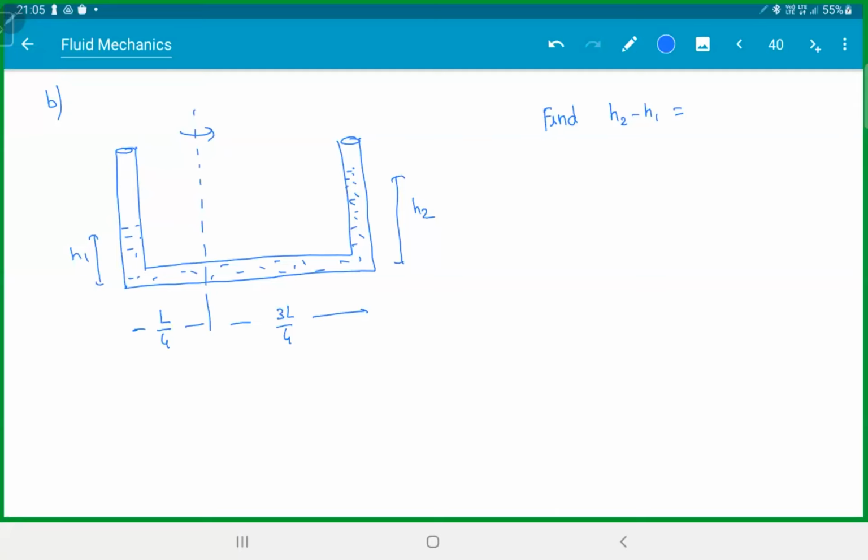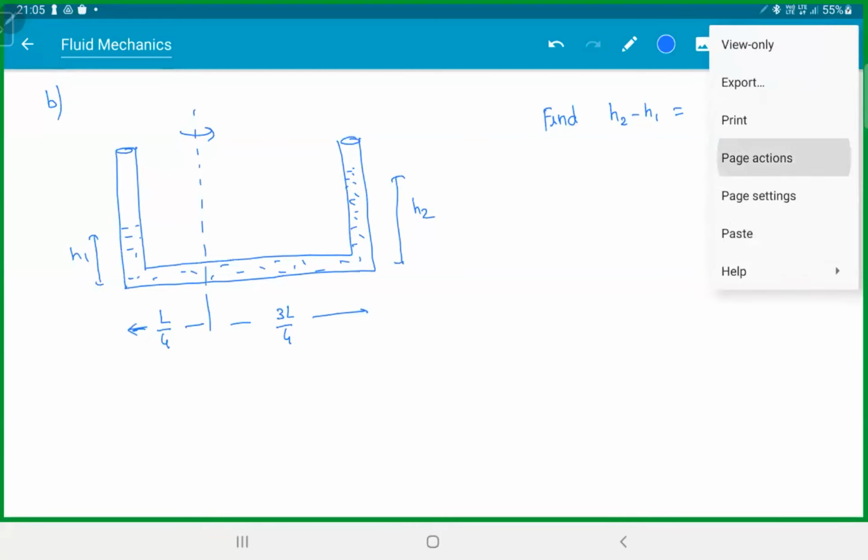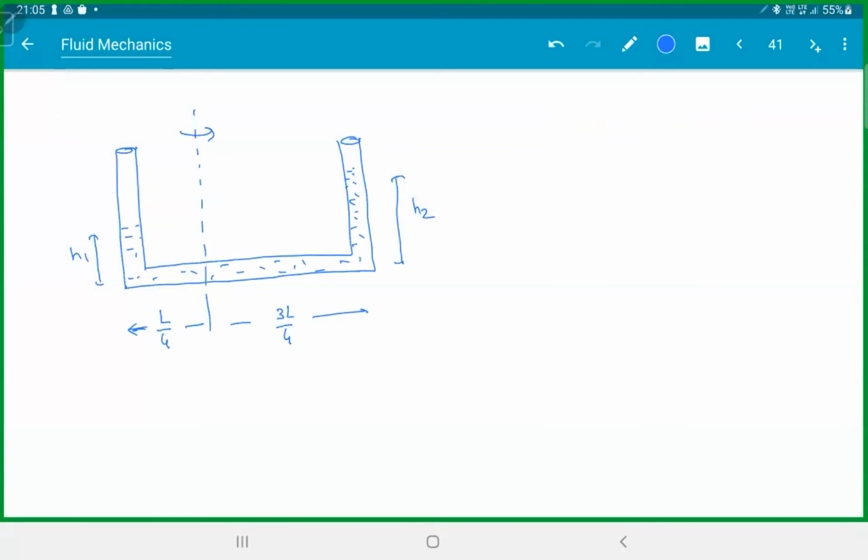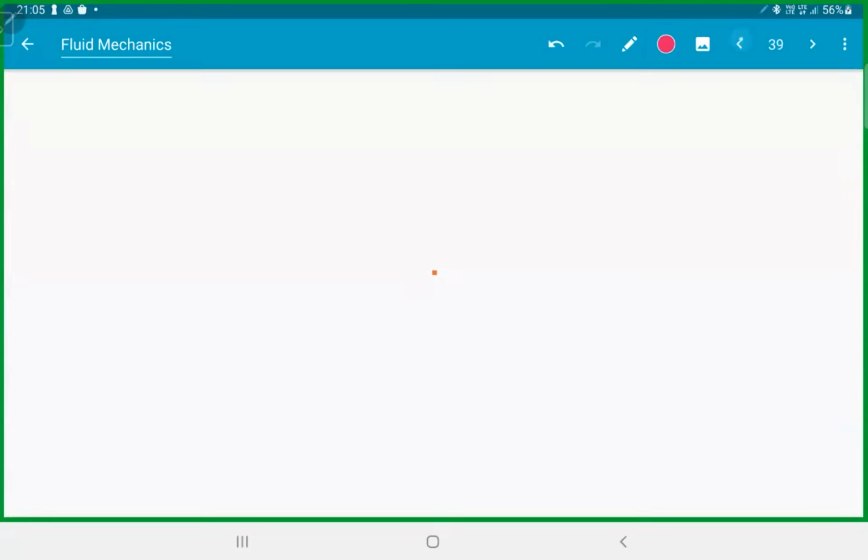Any answers? See. Let's call this point A. Let's call this point B, and this is your axis. Now from the formula, what is PA minus P axis? Rho omega square x square by 2.